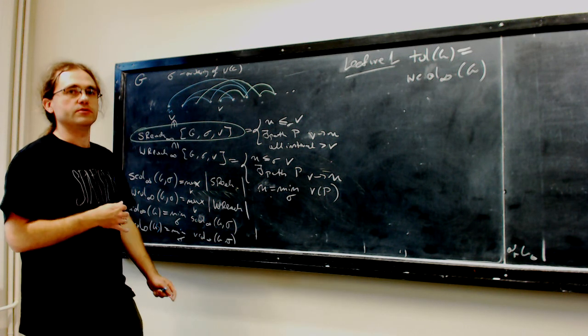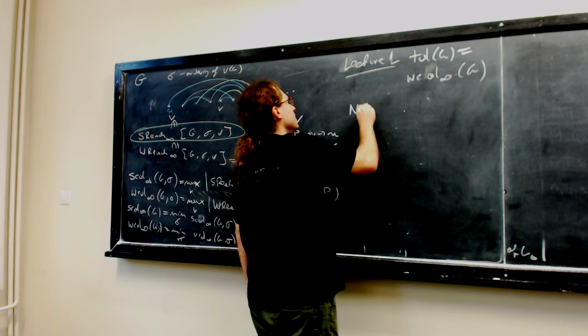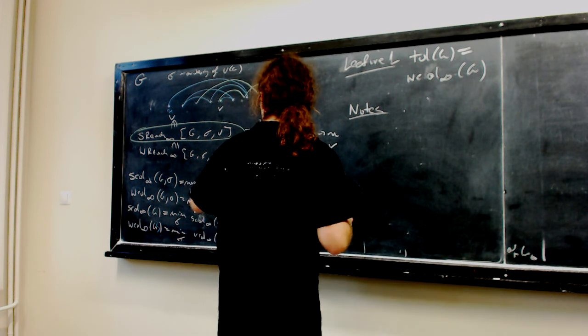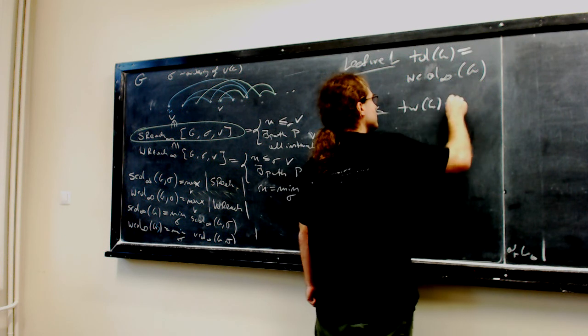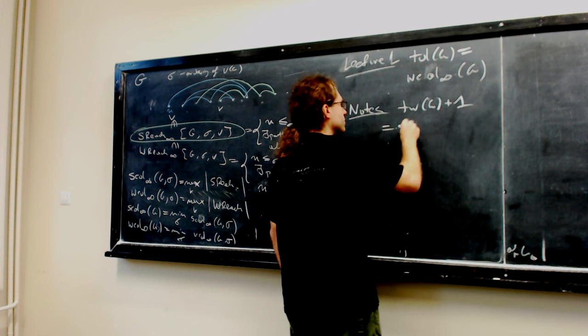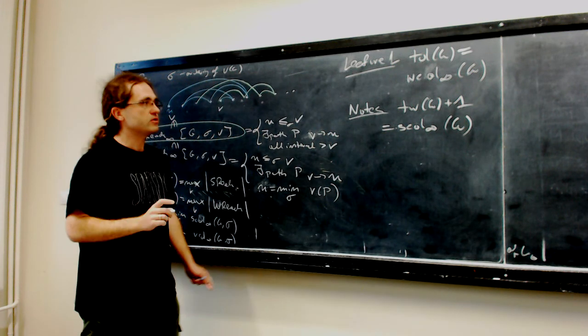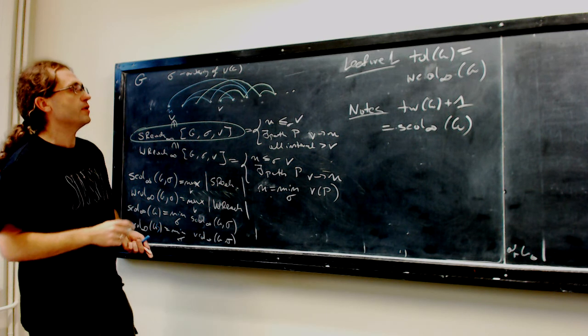What's also in the notes, and what we didn't do but you can read, is that optimizing the strong coloring number is the same as treewidth. So treewidth of G plus 1 is the same as the strong coloring number. This is sometimes called perfect elimination orderings, the optimal coloring for this one.